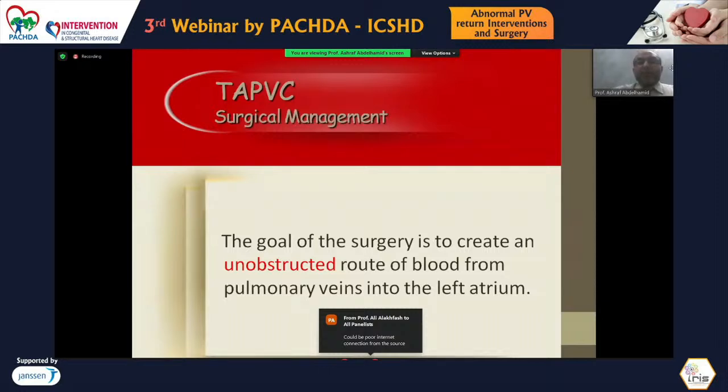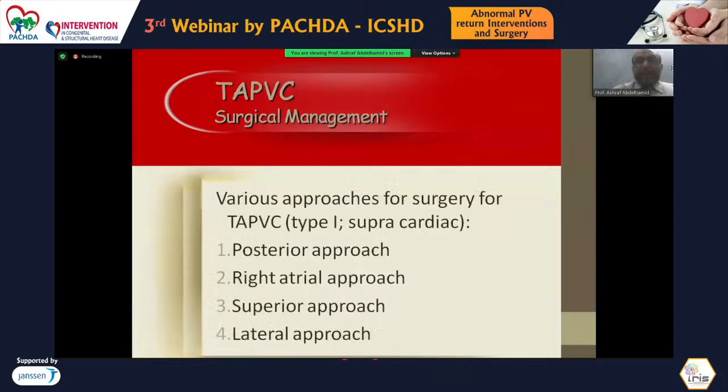So the goal of surgery is to create an unobstructed route of blood from those pulmonary veins into the left atrium. Various approaches have been adopted for this goal. Total anomalous pulmonary venous connection type 1 has many approaches: posterior approach, right atrial approach, superior approach, lateral approach. In all of them we have the same goal, to make the direction of blood unobstructed into the left atrium.